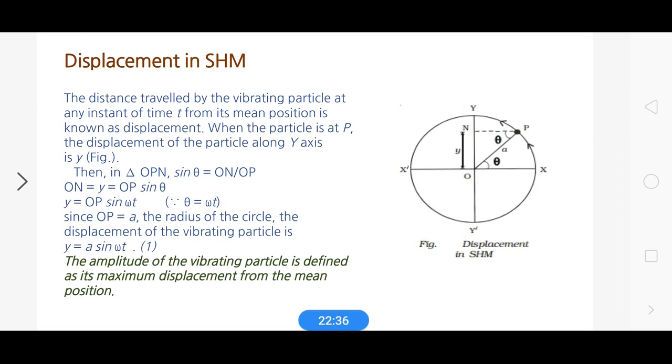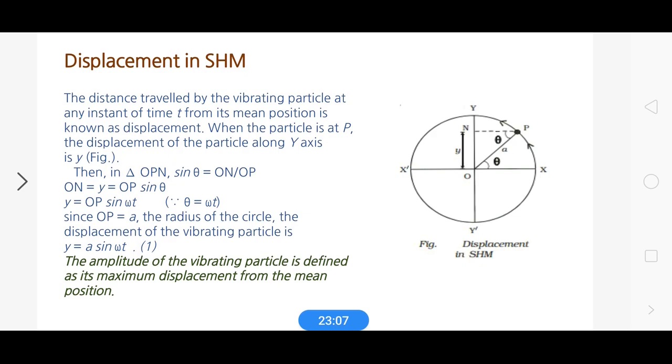The displacement in SHM. To explain the displacement in SHM, I consider the same concept here. The particle is moving in the circular path x, y, x dash, y dash, x in the anti-clockwise direction. Here the particle is moving from x to point P in t seconds.